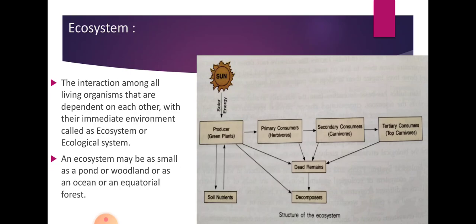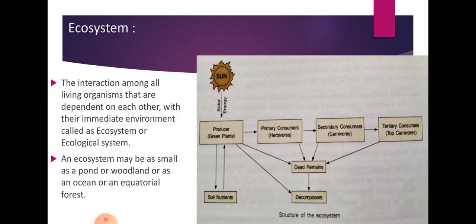So what is an ecosystem? It is the interaction among all the living organisms that are dependent on each other. Here it is an interaction, that means they are together, whether it is a living thing or a non-living thing. So the interaction among all living organisms that are dependent on each other with their immediate environment is called an ecosystem or ecological system.